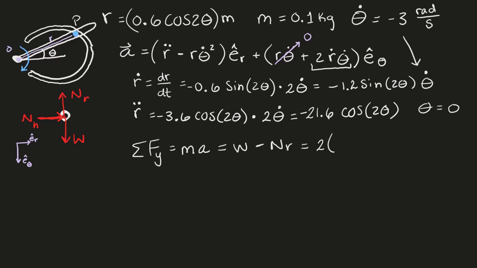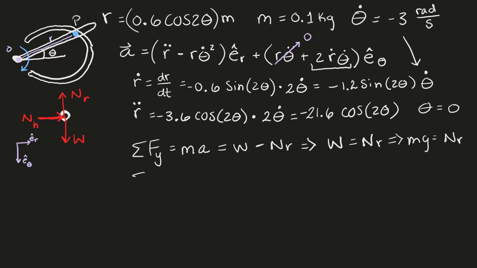So what is r dot? Well, if I plug in 0, we know that sine 0 is 0, so that whole term is actually 0. That's going to make life easy, and we're just going to write that as W, or weight, is equal to N_r. So that's some handy news: mg equals N_r.